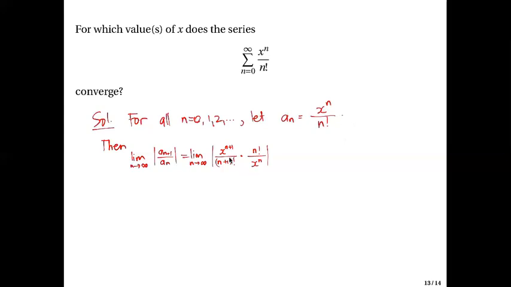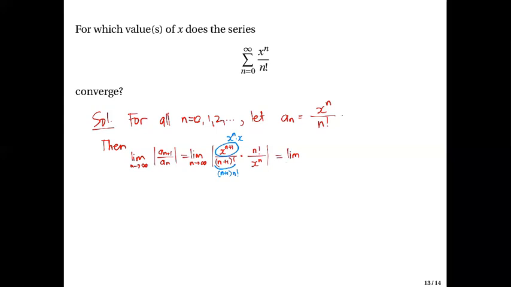Just like before, you can write x to the n plus 1 as x to the n times x, and n plus 1 factorial as n plus 1 times n factorial. So you can cancel the x to the n and the n factorial.